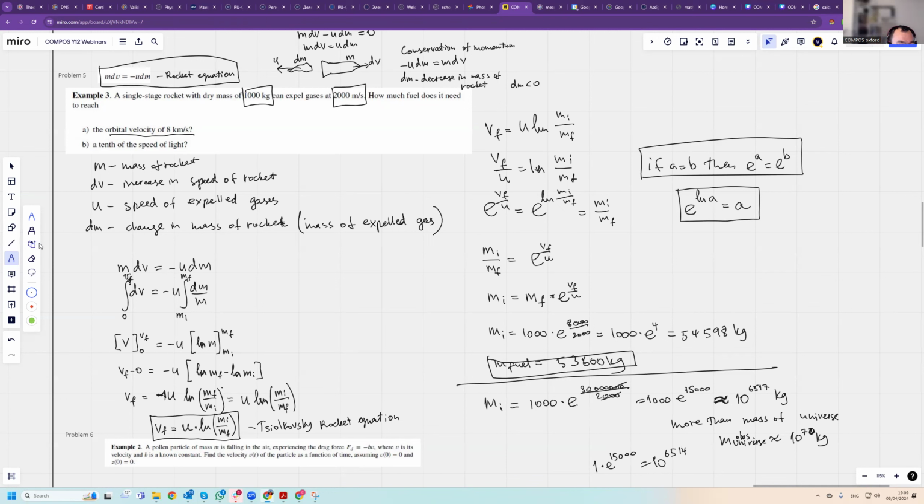Yes, expel gases faster, of course. The only way is you need to increase U, which is the speed of the gases.